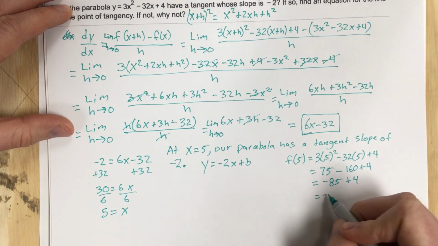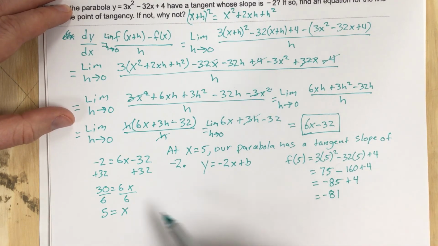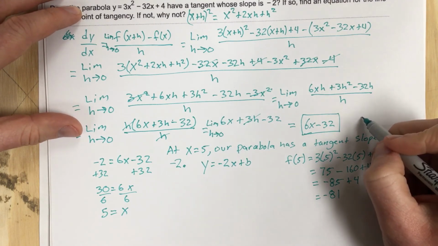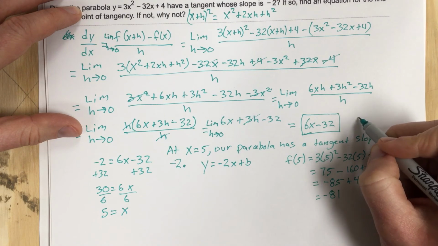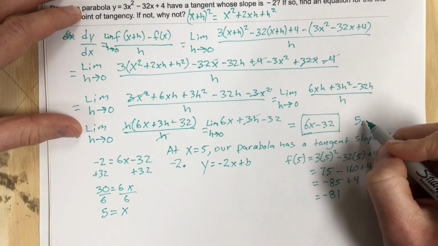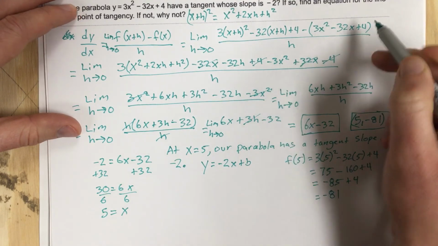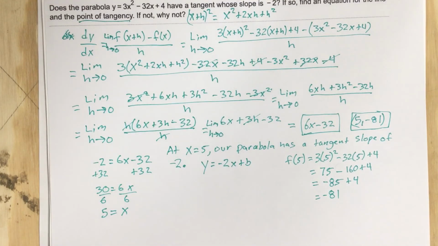So that's negative 81. So the coordinate where this thing has a slope of negative 2 is 5, negative 81. That would be the point of tangency.